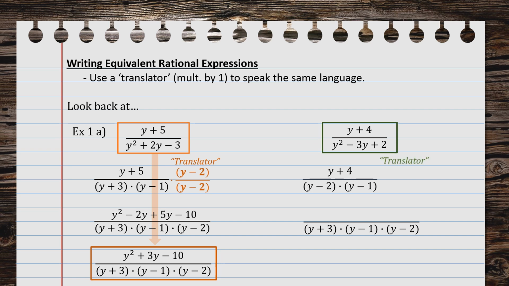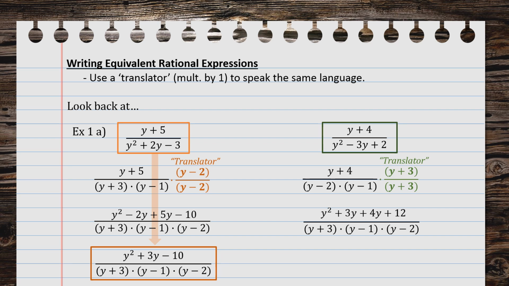Well, the piece it's missing is the y plus 3. So we need to multiply the top and the bottom by y plus 3 so that it maintains its value. In the top, we have a binomial of y plus 4 times y plus 3. And if you multiply those two, you will find y squared plus 3y plus 4y plus 12.